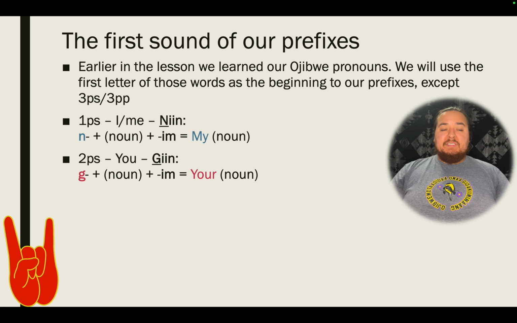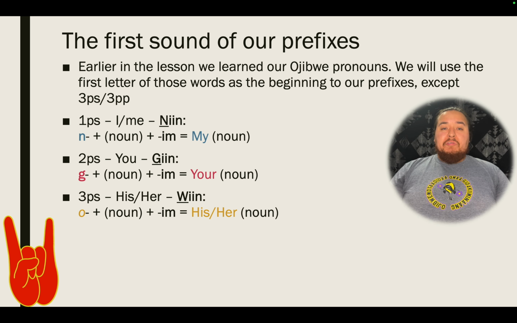For second person singular, you, that's gin, we're going to take that first sound, the G sound, and use that as a prefix for our noun, and then use the im suffix for your object, your noun. For third person singular, his or her stuff, instead of using the w sound, we're going to use an o sound.